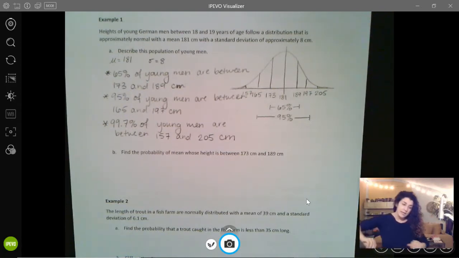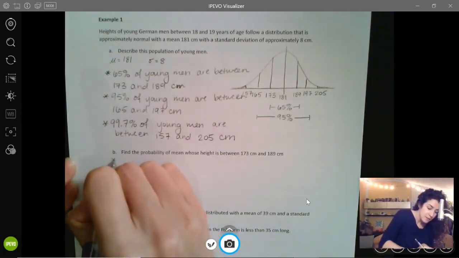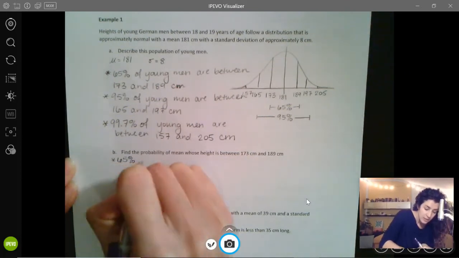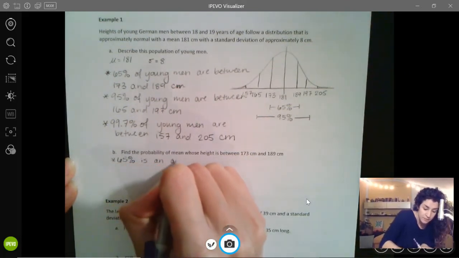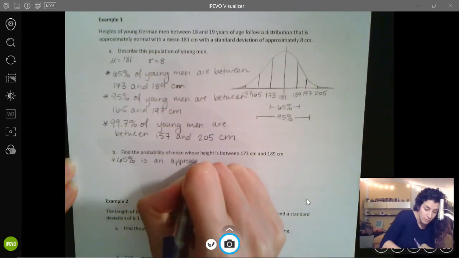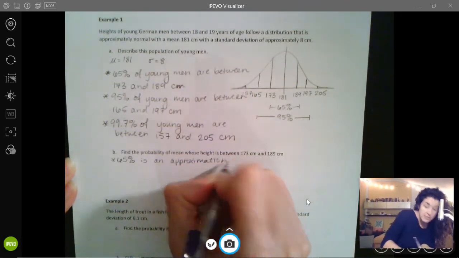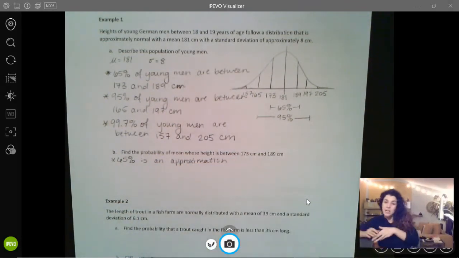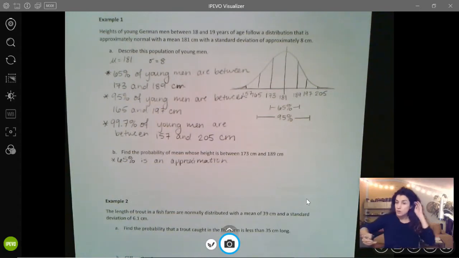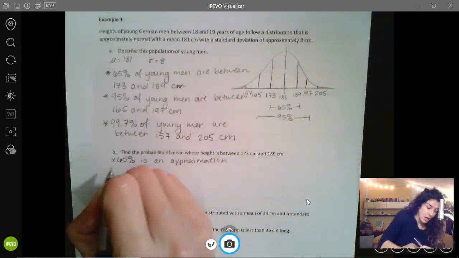But we have to realize that 65% is an approximation, because it depends on what your standard deviation is and what your mean is. Things are going to slightly change around 65, but it's going to be about 65%. So we can actually do the calculation to know how many are between that, and we'll use our calculator to do that.